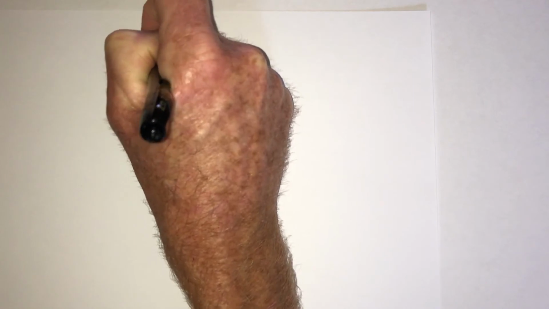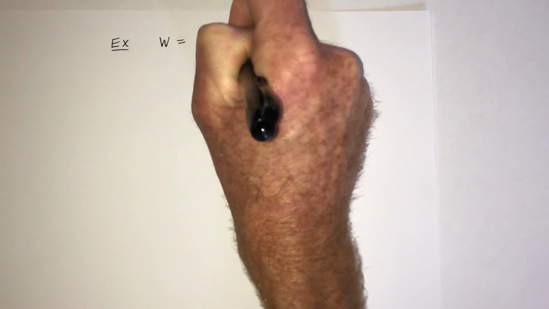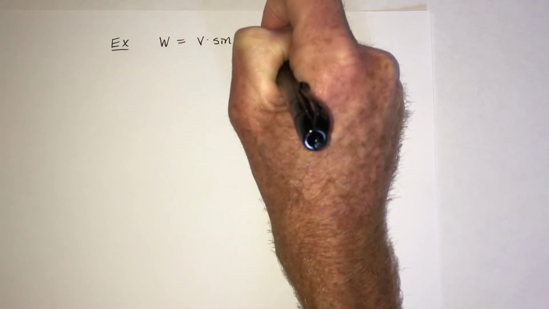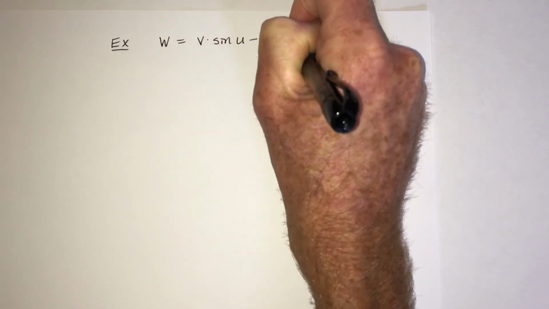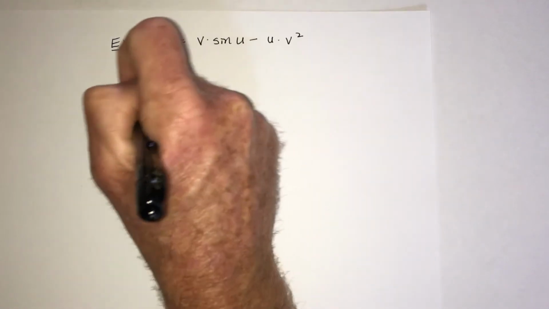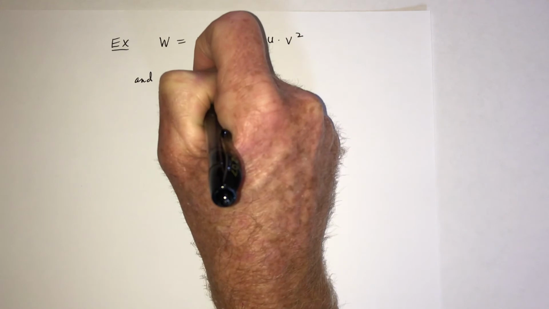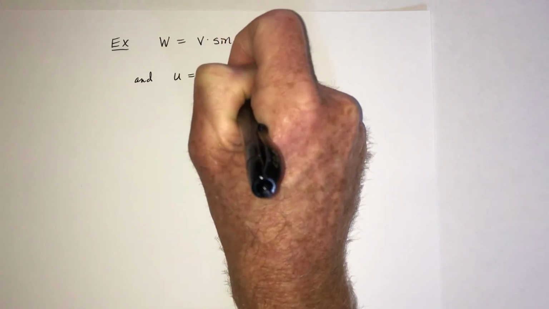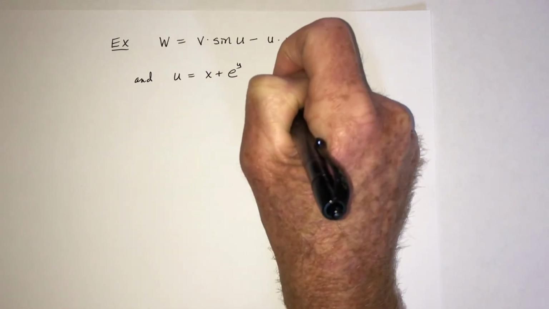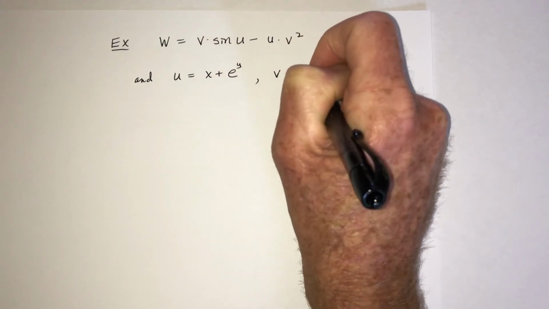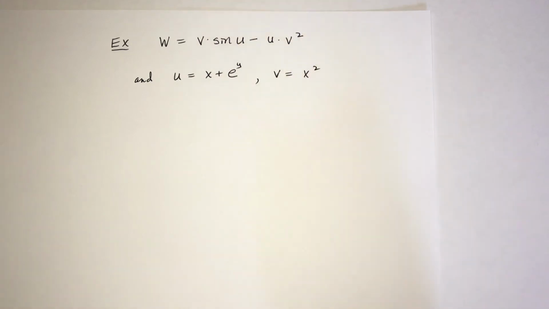Okay, now, next example. What if w is equal to v times sine of u minus u times v squared? And u is equal to x plus e to the y, and v is equal to x squared.